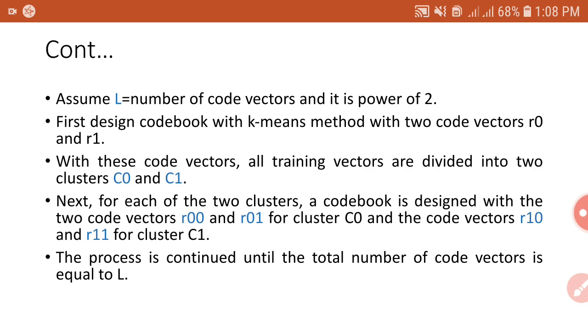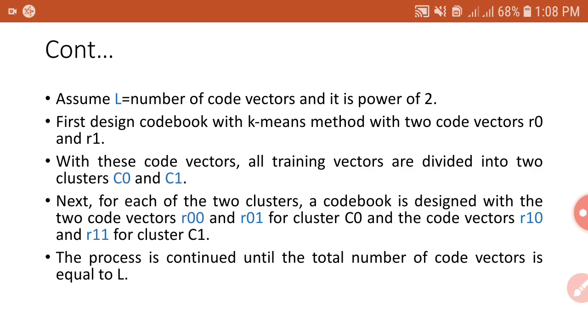After dividing the training set into clusters, you are computing the centroid for each cluster. How will you compute the centroid of the cluster? Using the mean or average value of all the training vectors present in that particular cluster. So this centroid will serve as a new code vector for that cluster. This way you are computing the code vectors in the k-means method, right?